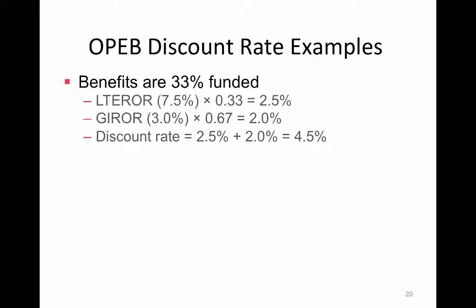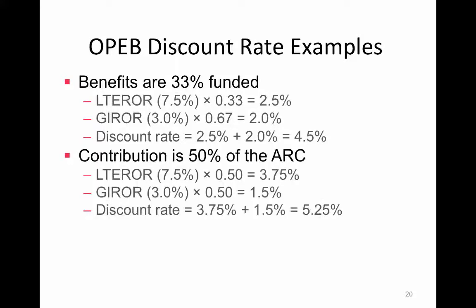This is not used that often because very few OPEB plans have any assets in them at all. Most governments finance their OPEB on a pay-as-you-go basis, meaning there's a bill for the insurance premiums, and they make that payment when the bill comes in, rather than setting money aside in a trust the way that they do for pensions.